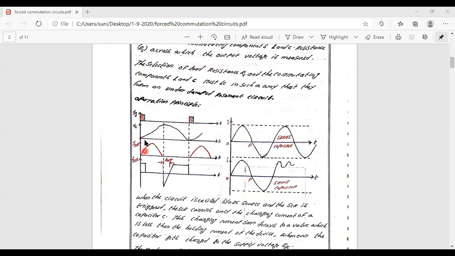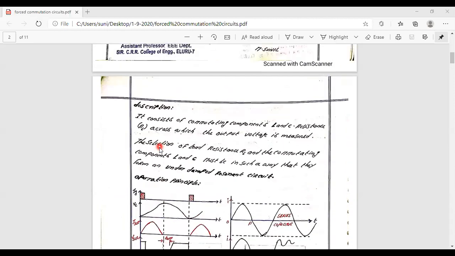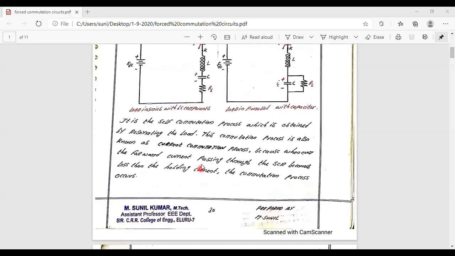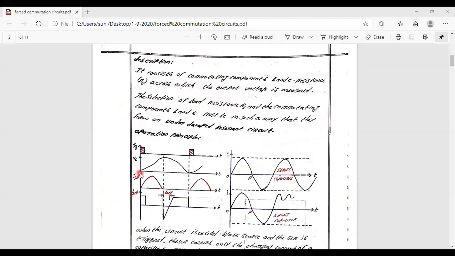Once the device is provided with a triggering pulse, you are going to have a current flowing through the device circuit. As the current flows through the device, the capacitor voltage is going to be charging. This waveform represents the capacitor voltage recharging, and it reaches its maximum value.